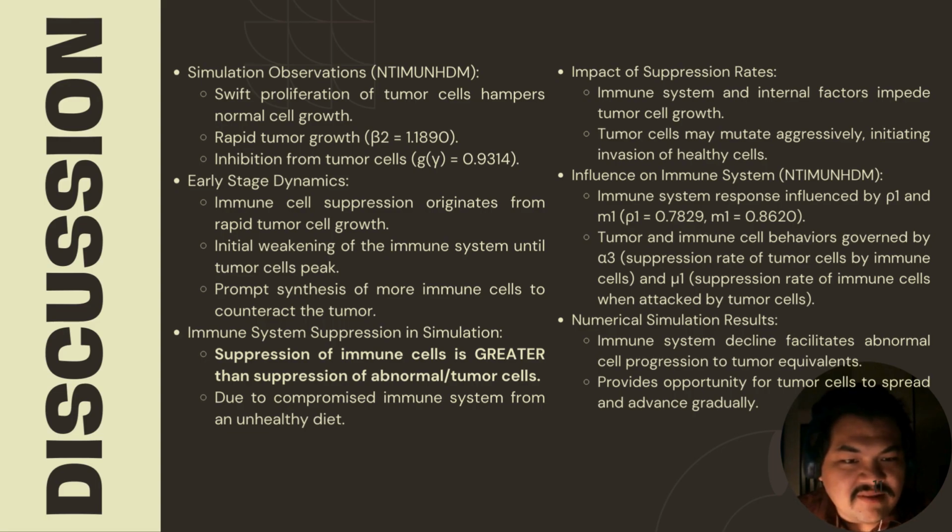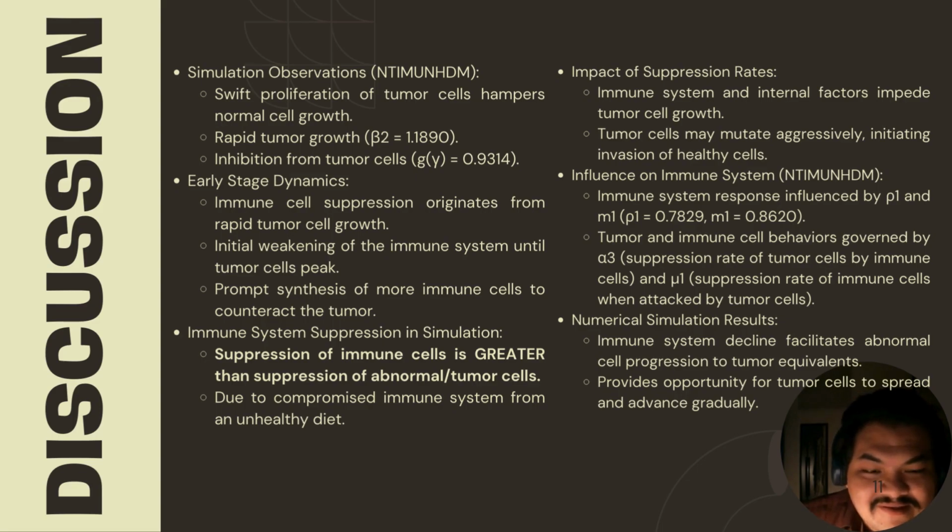So the influence on the immune system, whereby the immune system response is influenced by parameters rho 1 and M1, which are set at 0.7829 and 0.8621, is a negative response. The tumor and immune cell behaviors are governed by alpha 3, which is the suppression rate of tumor cells by immune cells, and also U1, which is the suppression rate of immune cells.